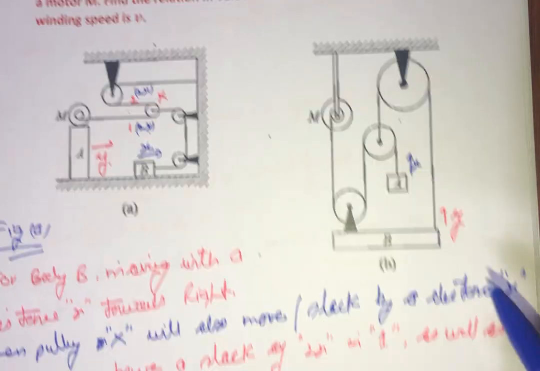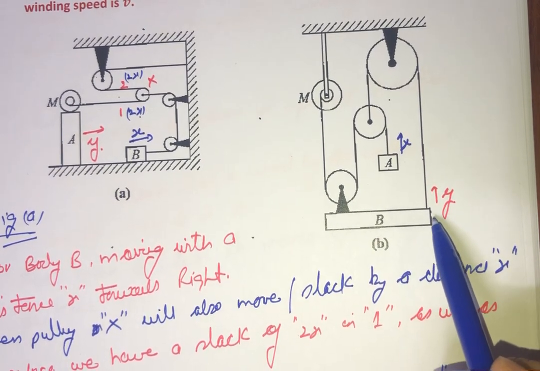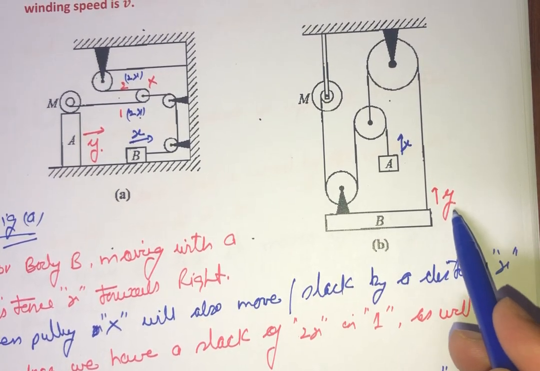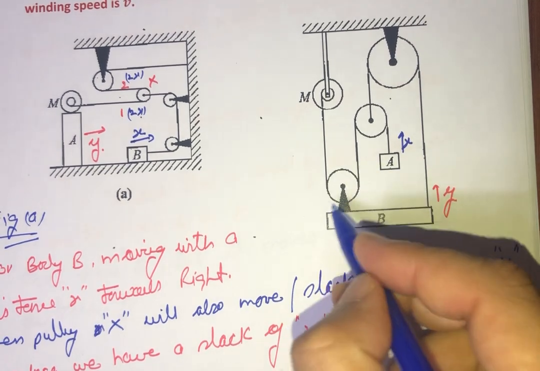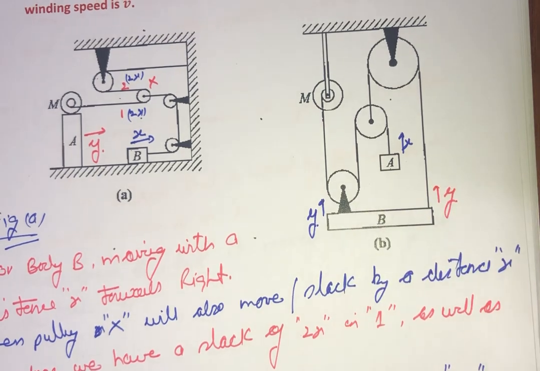Now mass B is connected at two places, so the right side moves by y, and this pulley is also going to move by y.